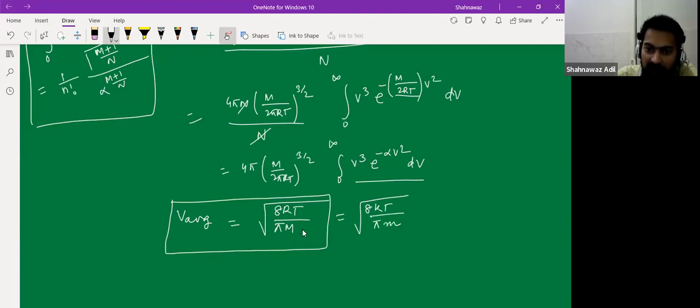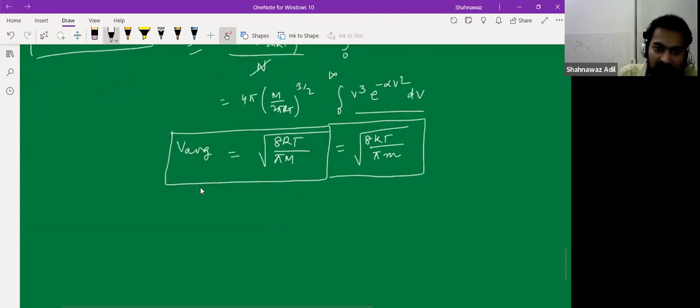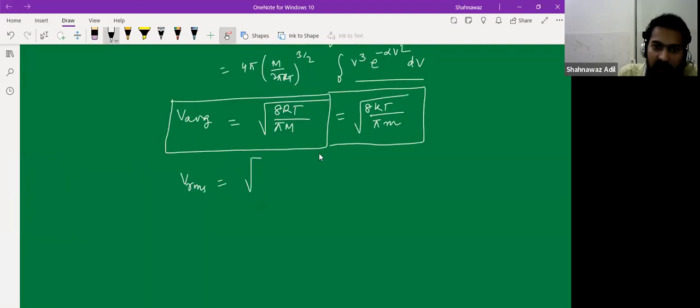So always take care of this. Whenever you have the gas constant, then you have the molar mass. Whenever you have the Boltzmann constant, you have the mass of each particle. Keep in mind the VRMS will come out to be 3 RT by m. Remember in your VMP, you had only 2 RT by m, no pi.